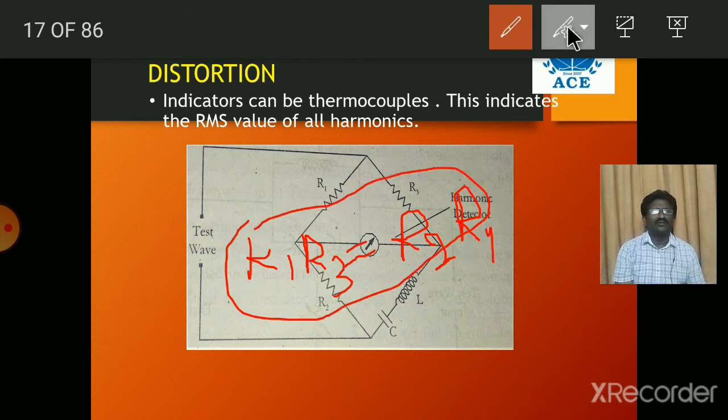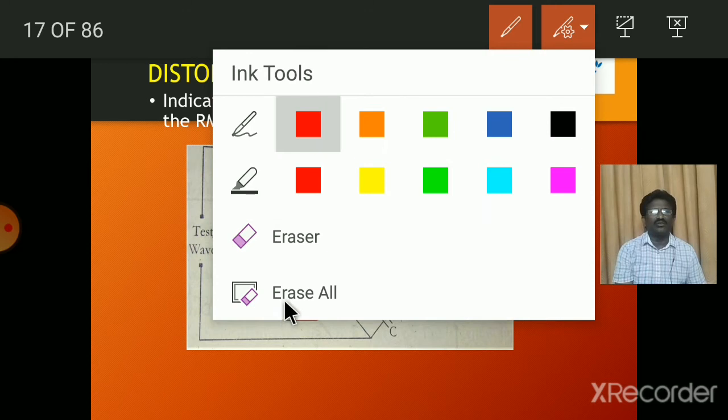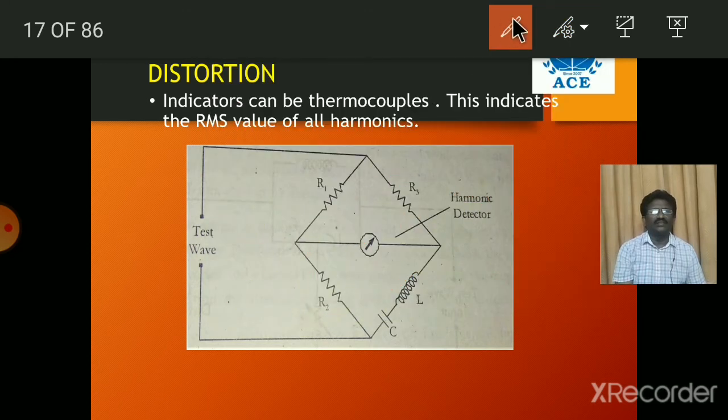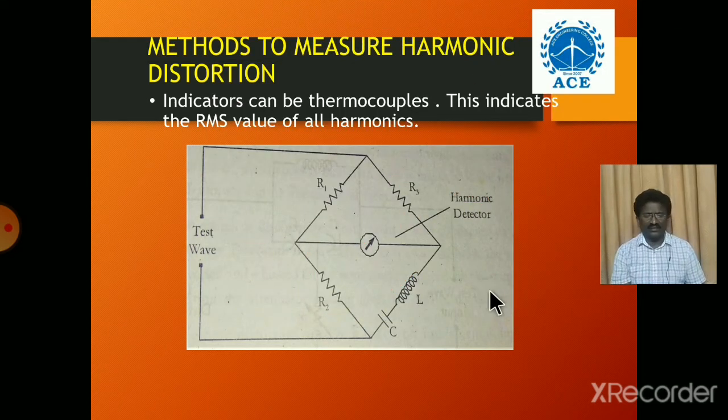Here also you have to do the same. Now you have to tune the components L and C. In that case the circuit will automatically be balanced. If L and C are fixed components, then this method is suitable only when the test wave has a fixed frequency.